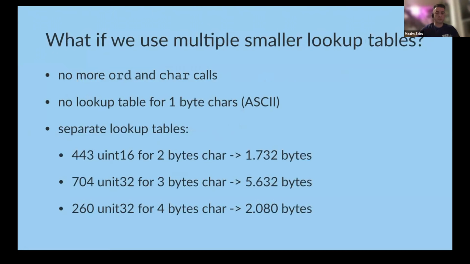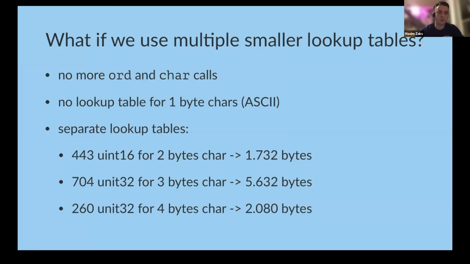This is an interesting result, so I thought, okay, maybe I could speed it up somehow a little bit. My idea was to try multiple small lookups, UTF-8 based, similar to what I did in the handwritten version, where I don't have to call ord and char anymore because I have a table per character bytes.